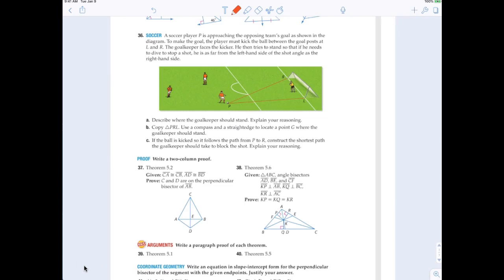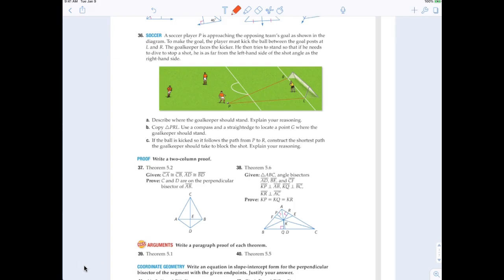I need to read to you some things. The reason why this is the first time I've ever read something to you is because if you don't know what a median is or you don't know what a centroid is, it's kind of hard to do the homework. So listen to me. Everybody should look on page 335. Just highlight the things that are important.